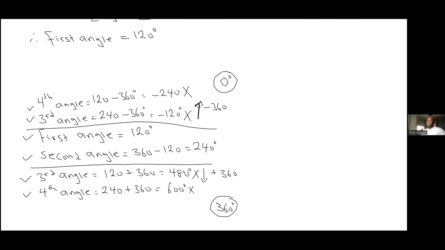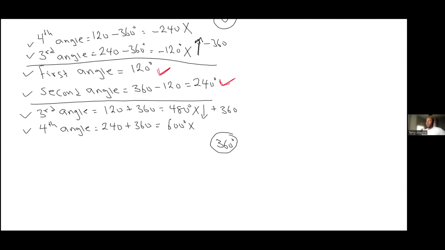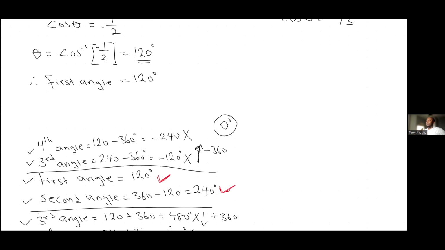So the only correct answers here are 120 and 240. So the correct values of theta are 120 degrees and 240 degrees.